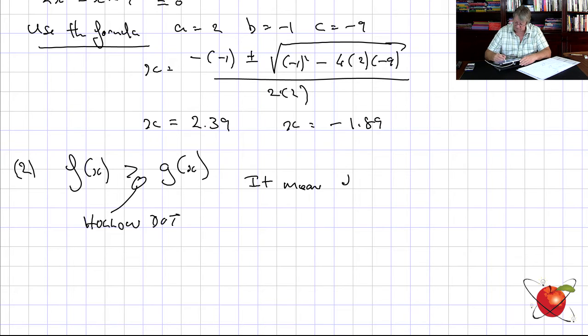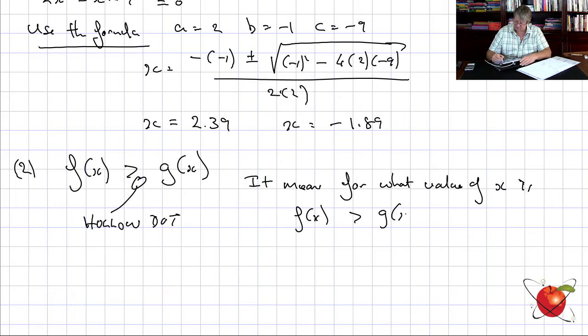It means, for what values of x is f of x greater than g of x, which means y1 greater than y2, doesn't it? That's all it means. So let's go to our graph, shall we?